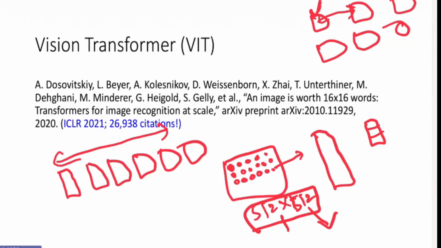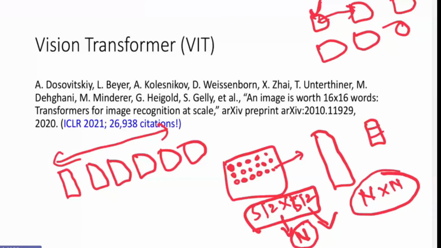And handling this amount of words is very difficult, because suppose the size here is n, the attention matrix you are going to calculate would also be of size n by n. So it's a huge dimensional 2D matrix, and it's very difficult to handle. Even the complexity would be huge.